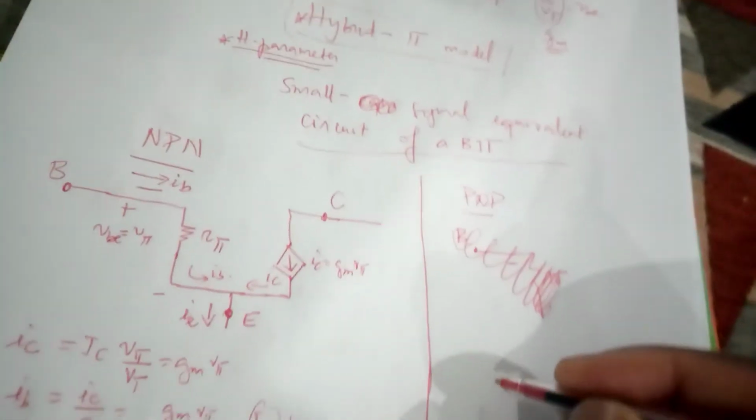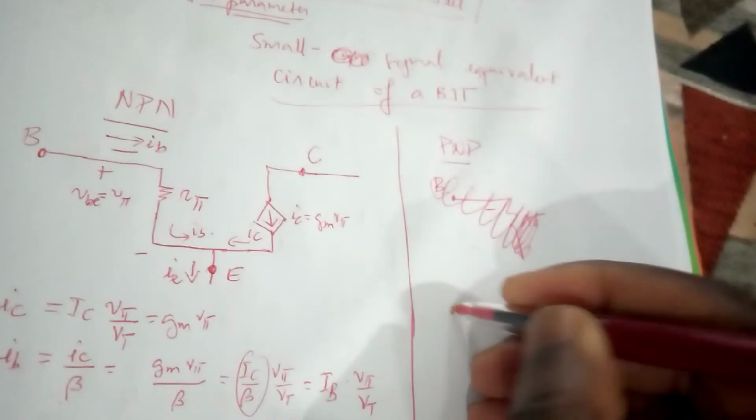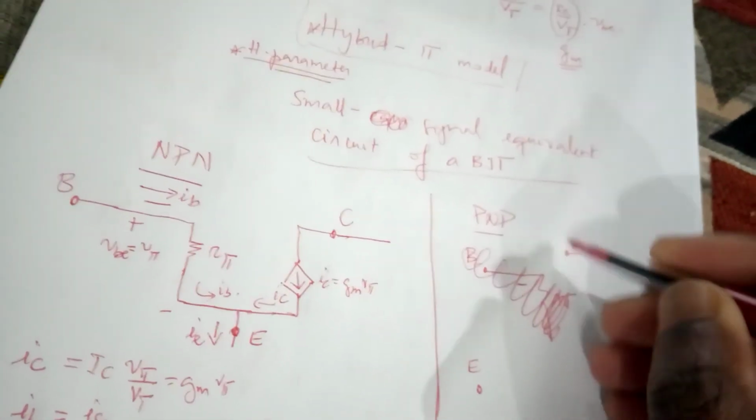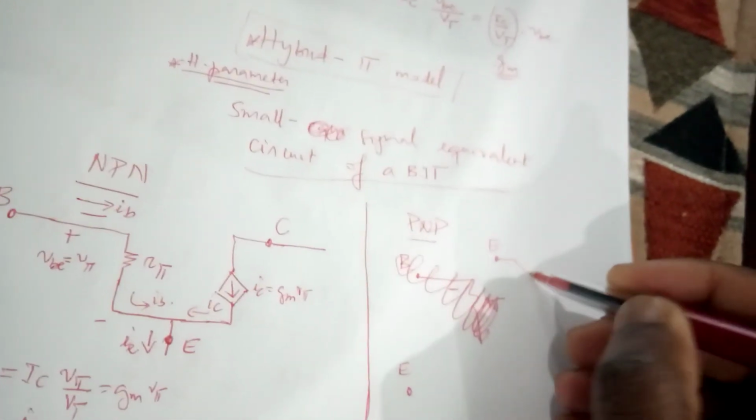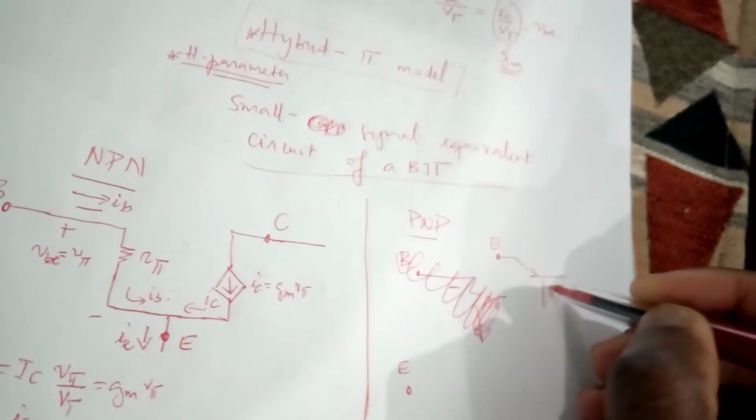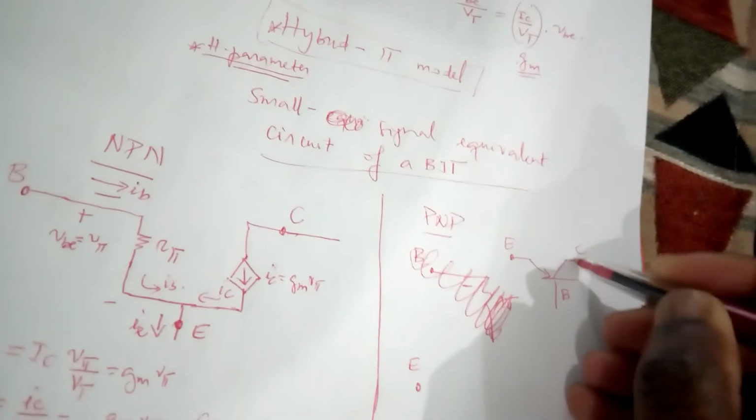I think I'll just draw it differently so that you can picture what is going on here. And this time around, I'll go from the emitter. So I'll go with the configuration where you've got the emitter and you've got the base and you've got the collector, which is a PNP transistor.